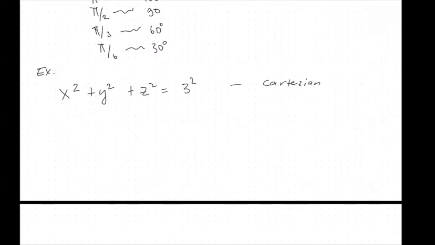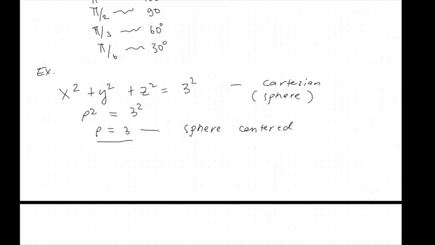In spherical, it's just rho squared is equal to 3 squared. So this is just rho is equal to 3. So this is a sphere centered at the origin in spherical coordinates.